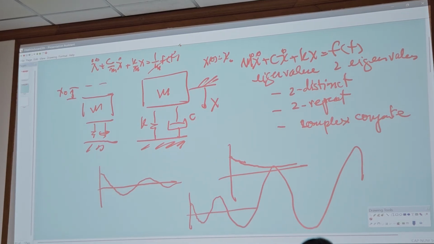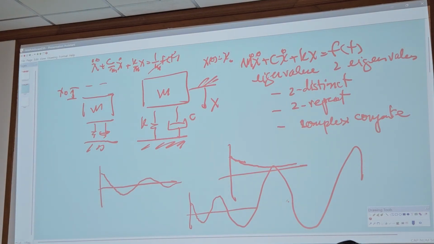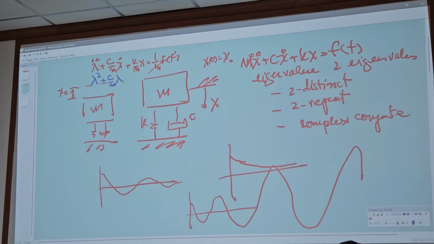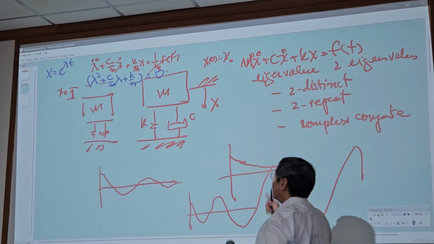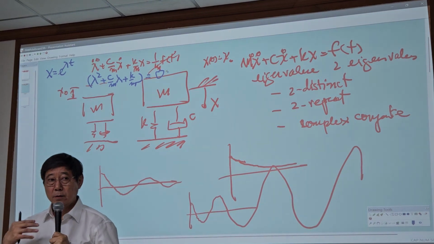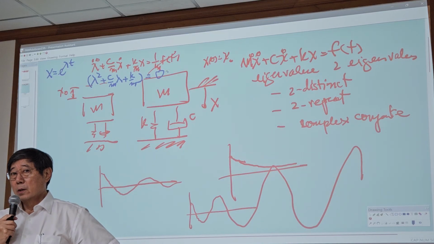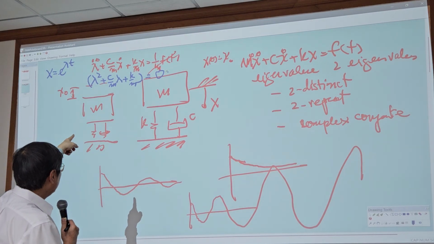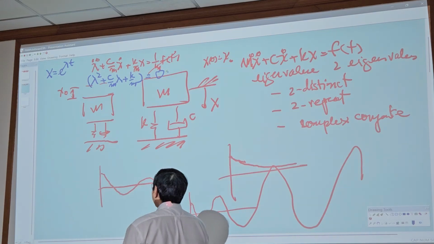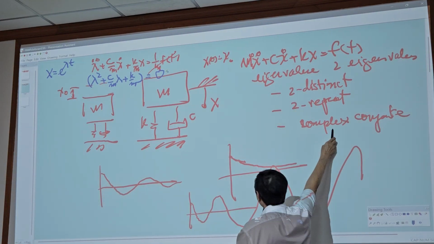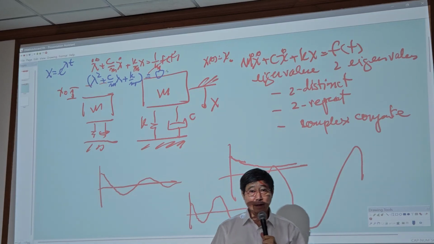In this case, you have lambda square plus C over M lambda plus K over M. If we assume X equal to e to the lambda t, in this case it equals 0. So you have to find the root of this one.